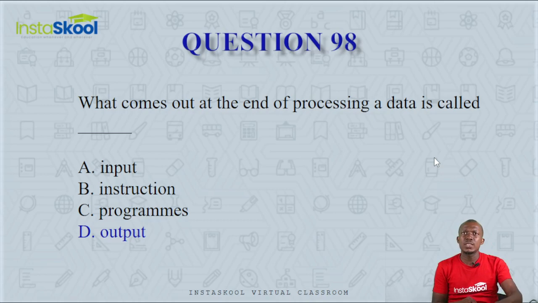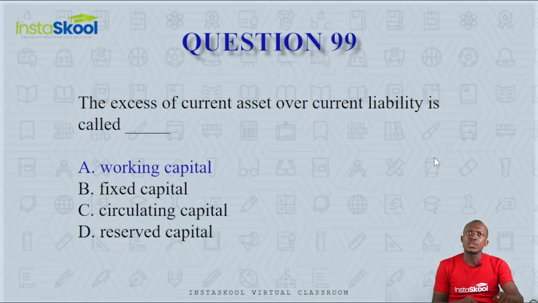Question number 99. The excess of current assets over current liability is called dash. Is it working capital, fixed capital, circulating capital, or reserved capital?